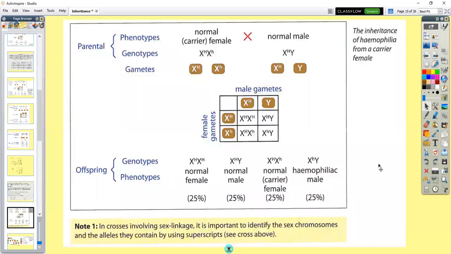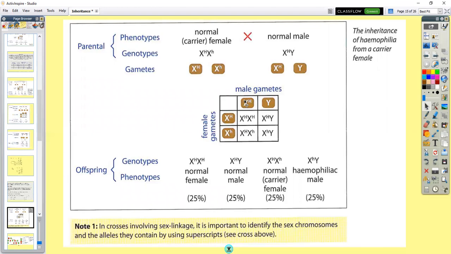And that's shown in the cross here, where we have a carrier female. That means she doesn't have hemophilia, but she carries the so-called defective gene, the X small h.